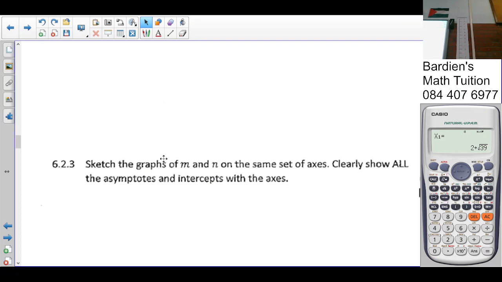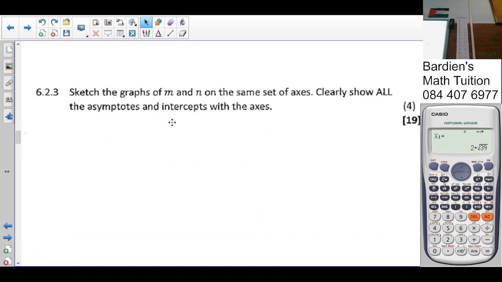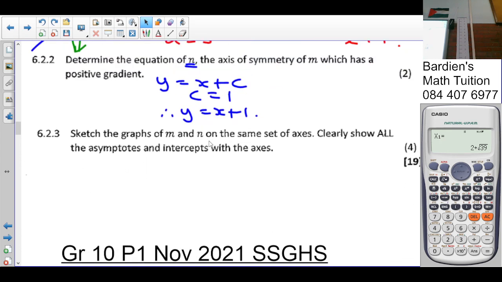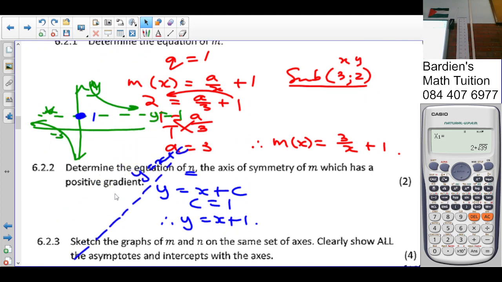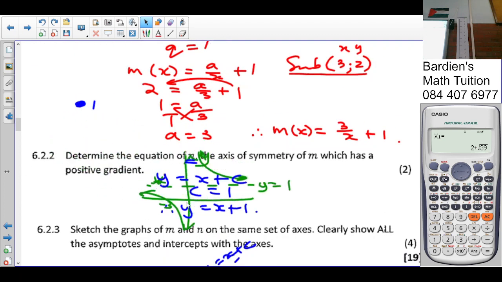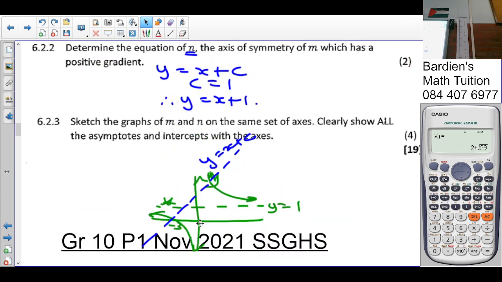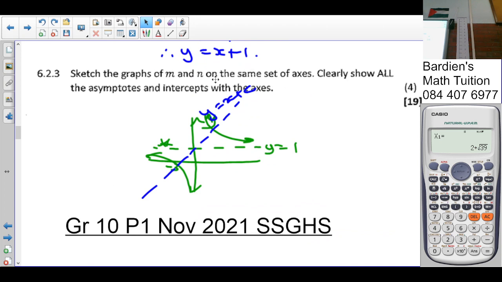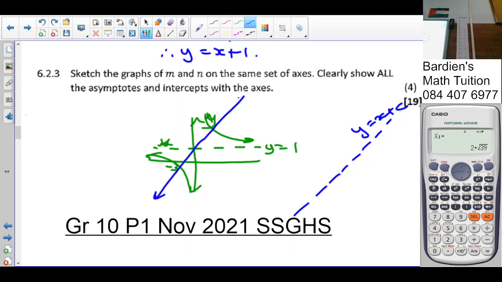Then the question says, sketch the graph of m and n on the same set of axes, clearly showing all asymptotes. So for 6.2.3, this is what they want. Because it's a defined function, n is required to have been drawn in a solid line.